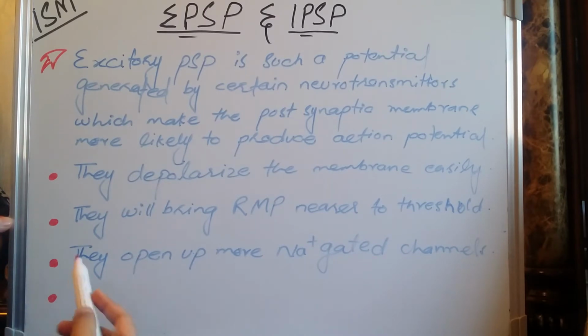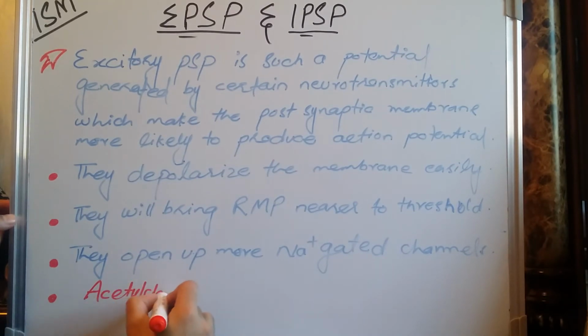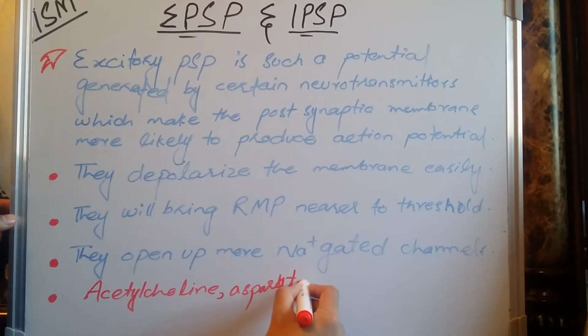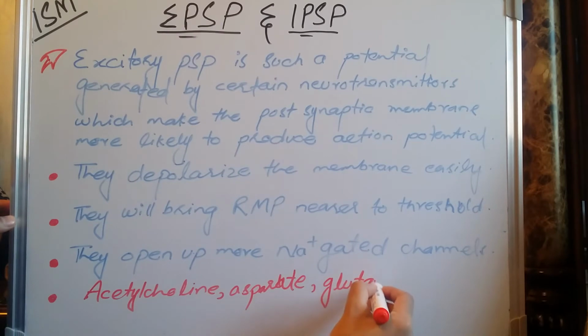Examples are acetylcholine, aspartate and glutamate, and many other neurotransmitters.